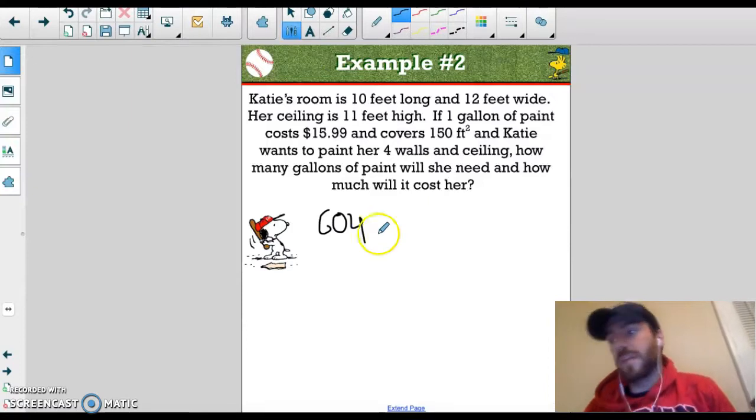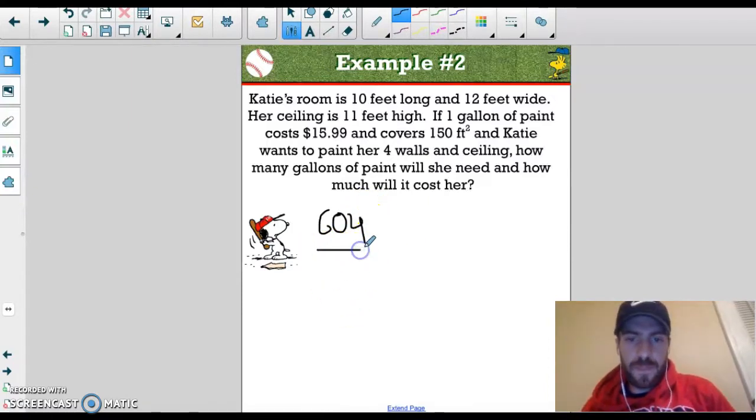That's you're looking at feet. So then you divided that by 150. And that just gave you roughly 4 cans. Then you would have done 4 times your 15.99.